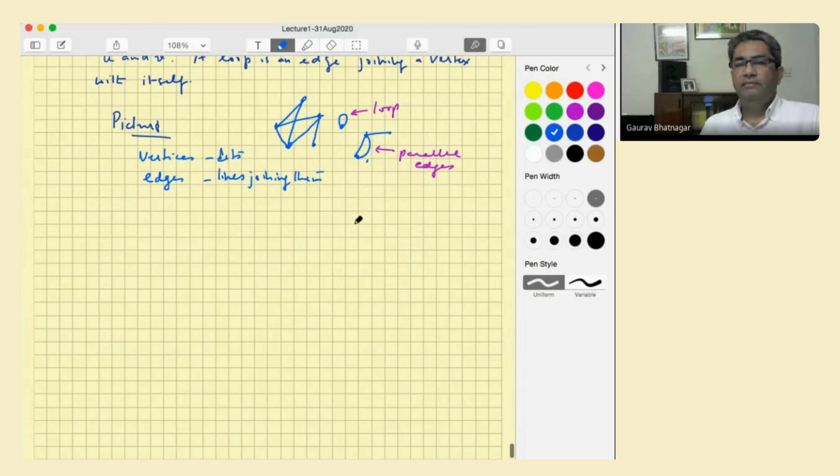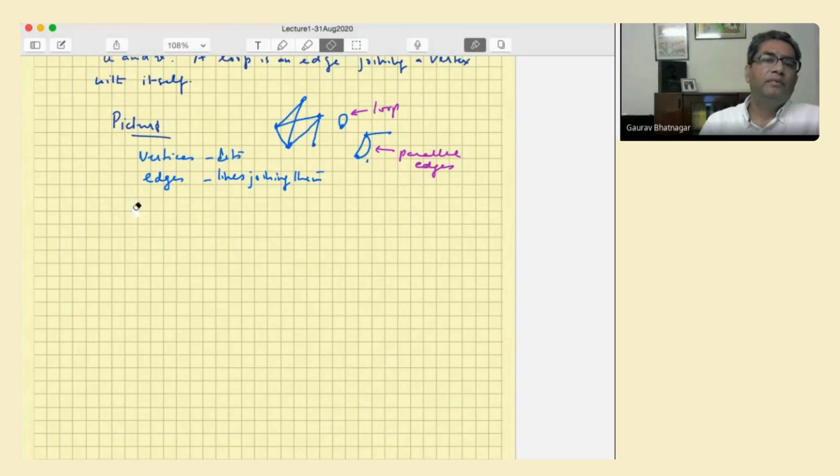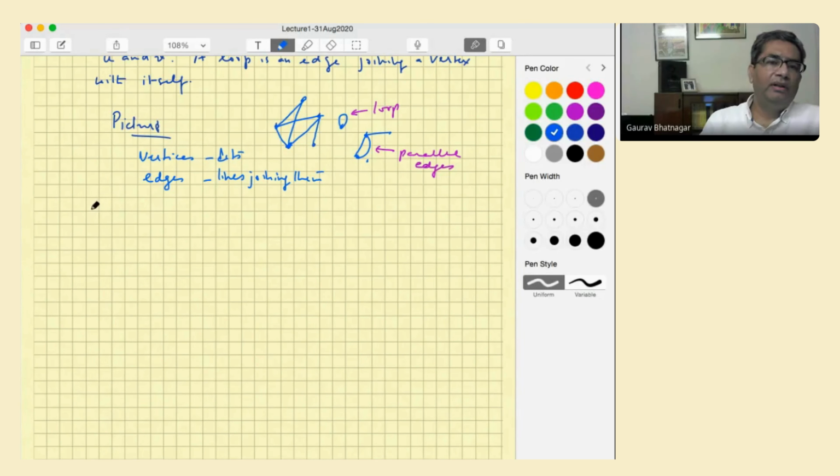There could be more ways of presenting them. And we will consider only graphs with a finite number of vertices and a finite number of edges.